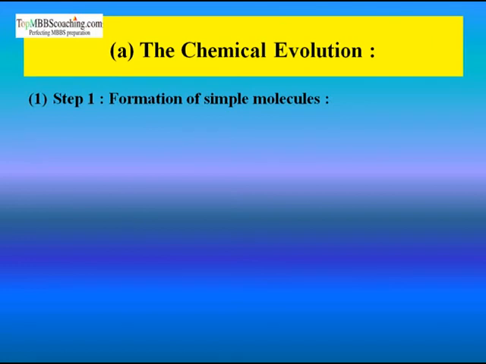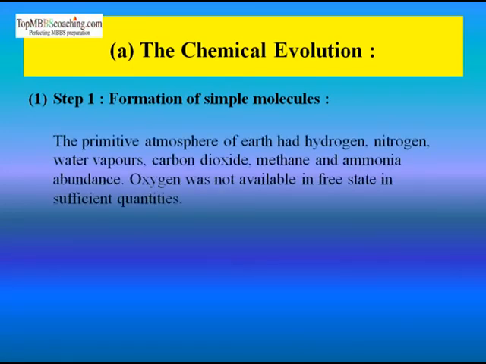The primitive atmosphere of earth had hydrogen, nitrogen, water vapors, carbon dioxide, methane and ammonia in abundance. Oxygen was not available in free state in sufficient quantities at that time.